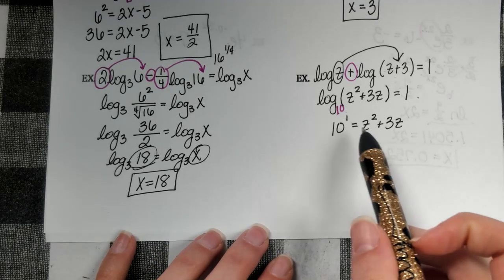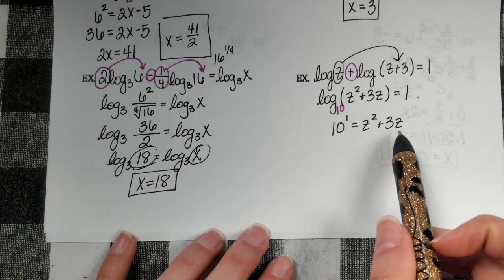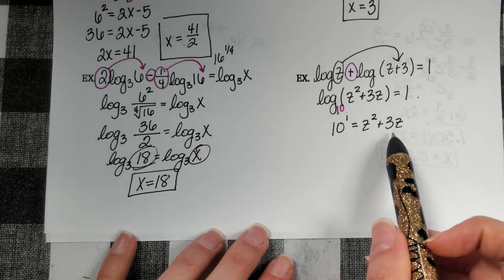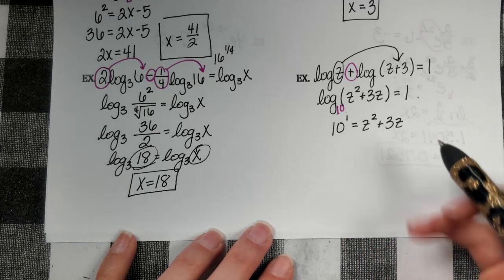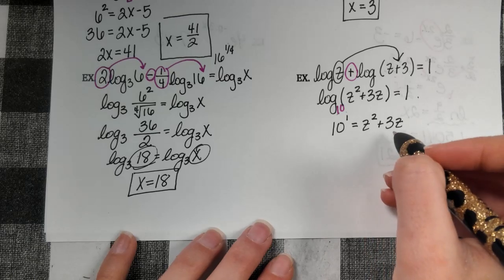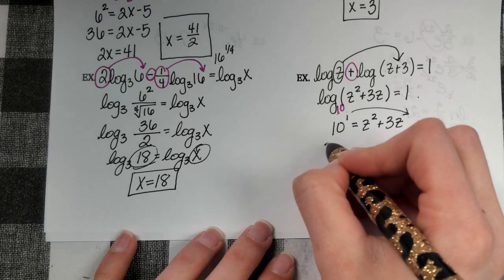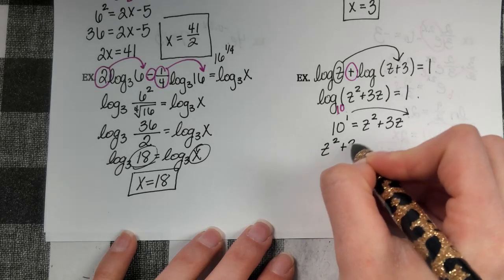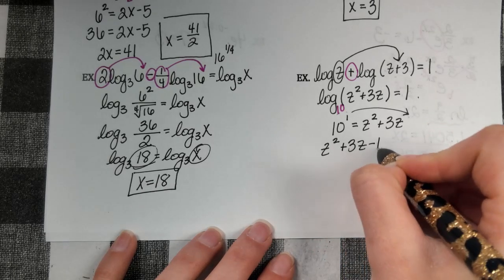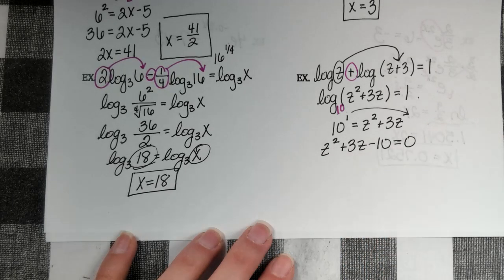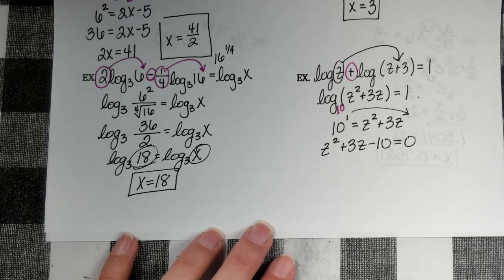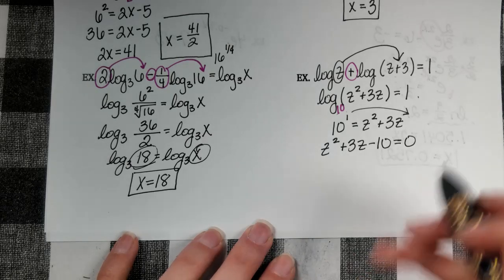Anytime you have a squared term with its variable, this is when you want to factor. This is a quadratic. So you're going to get it equal to 0 and factor. So I'm going to subtract that 10 and move it to the right. So I've got z squared plus 3z minus 10 equals 0. Now I'm going to have to factor that.